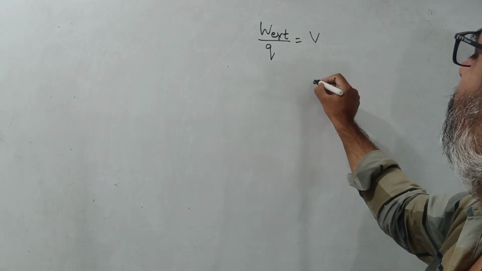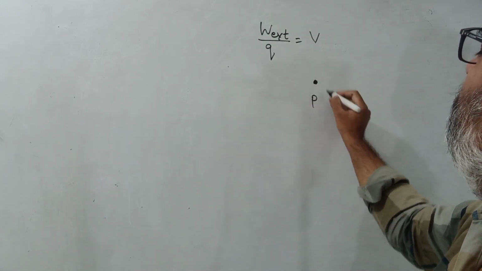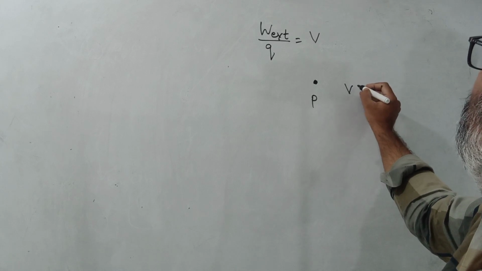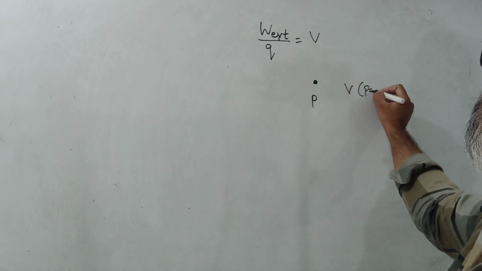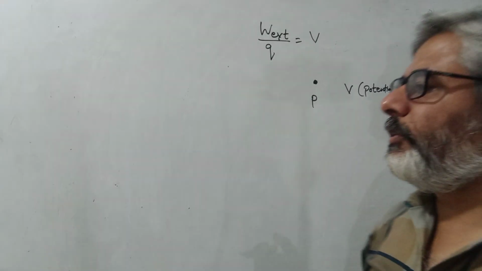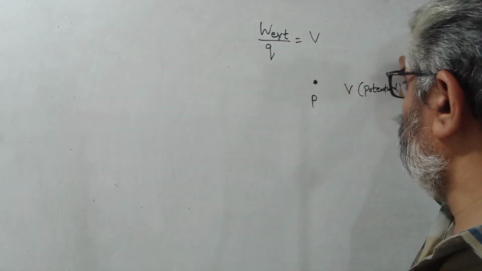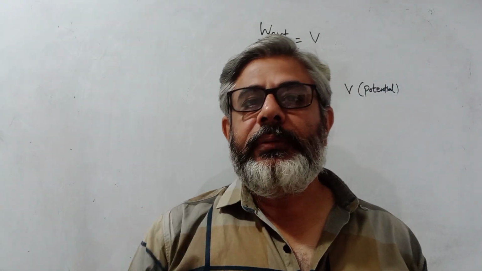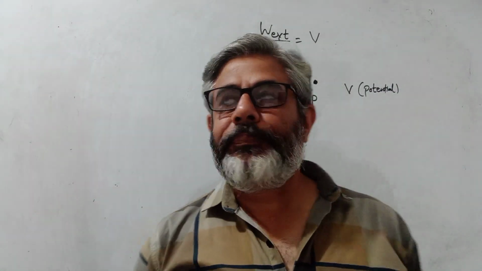So let us say there is this point which I call P, and the potential here is V. So this potential is nothing but the work done by the external force in bringing it from the reference point to the given point slowly. That is, we don't bring it very fast, slowly.